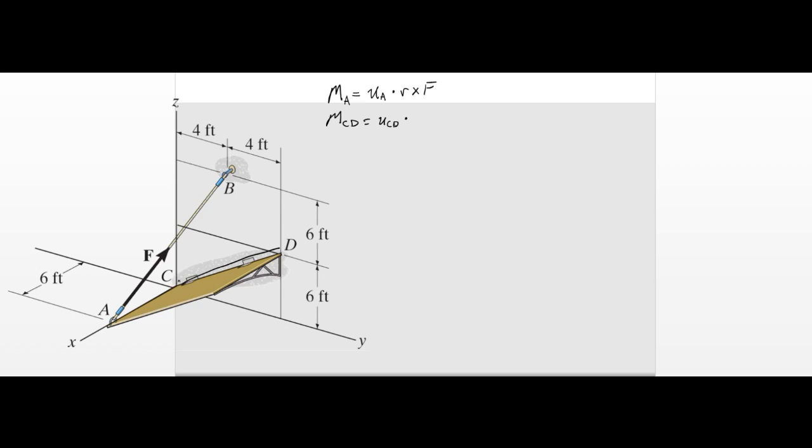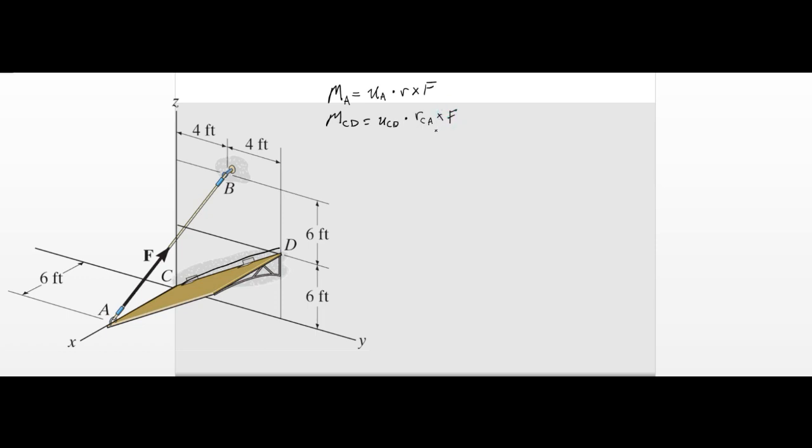We have a few distance vectors we could choose from: C to A, C to B, D to B, or D to A. I think the easiest is from C to A. So we're going to do r_CA, from C to A, and then the cross product with F.